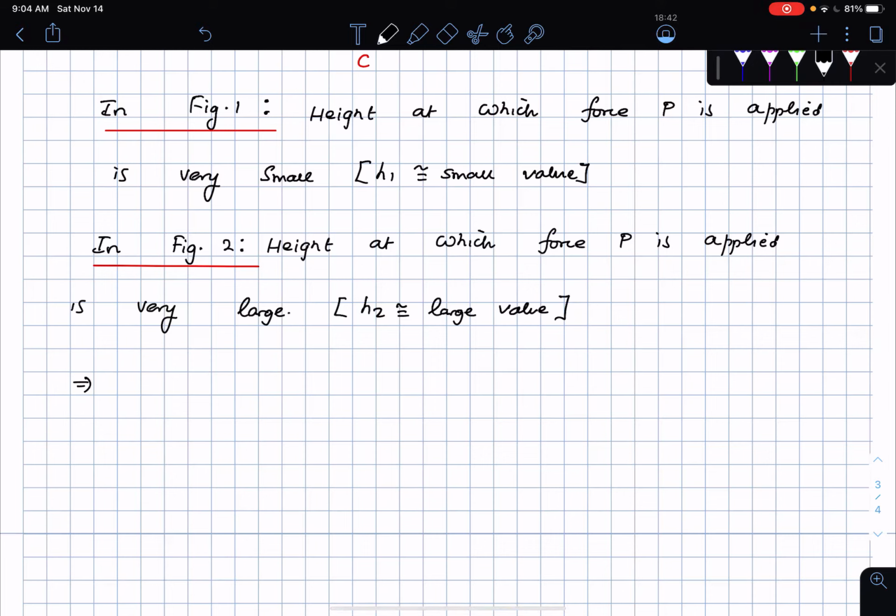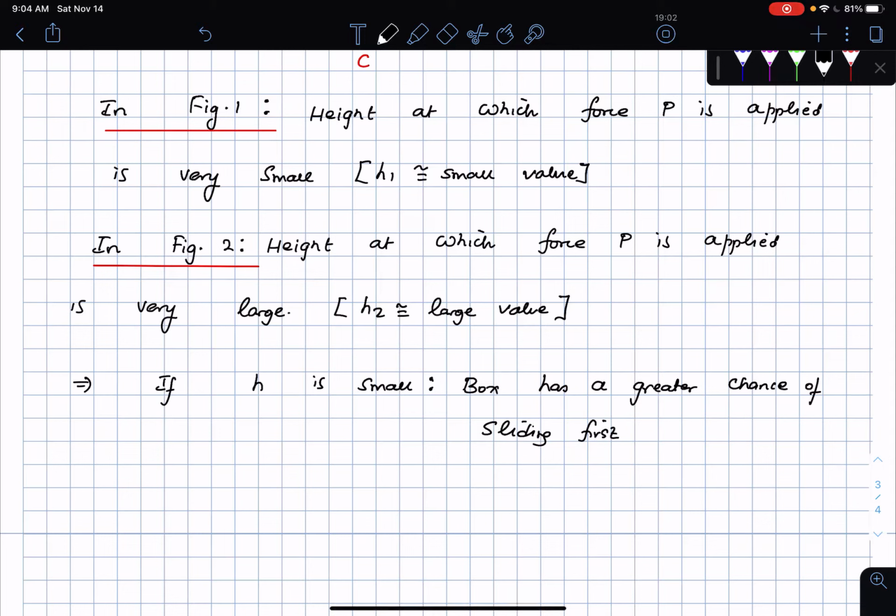So if h is small, the box has a greater chance of sliding first, rather than tipping.